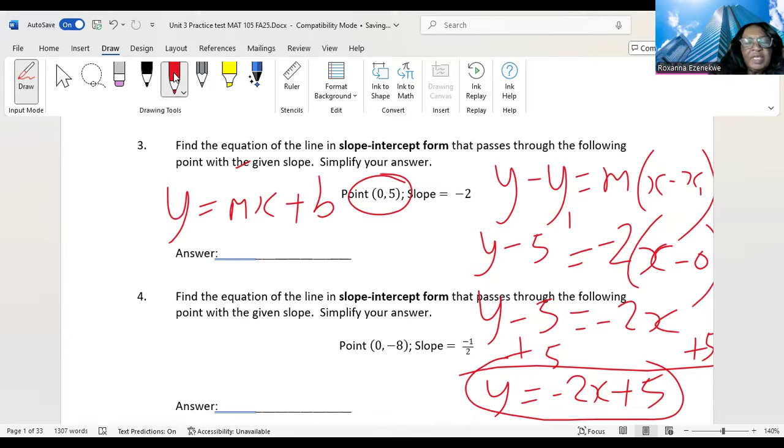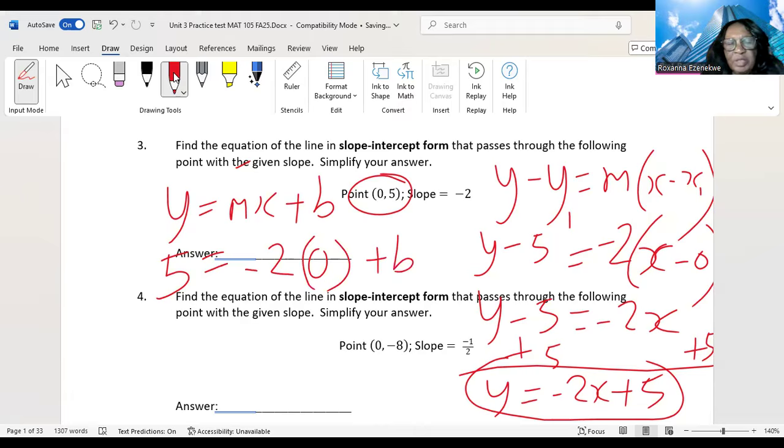So 5 is the value of y, so let's put y here. The slope is negative 2, so we put negative 2, and x is 0, so we put 0. Then we solve for b because we don't know b.